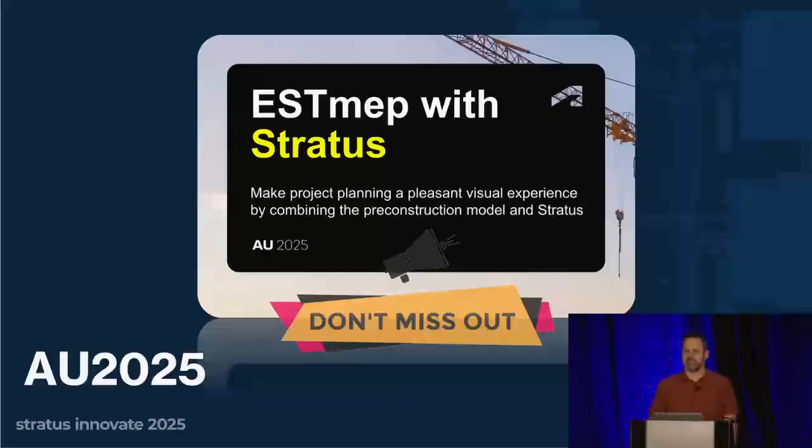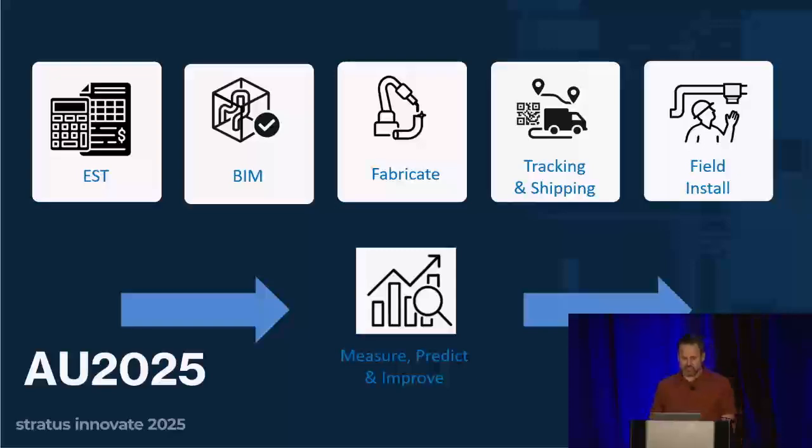So again, seeding some more ideas out there in terms of more opportunities that we may not have leveraged yet. So if you're going to AU, make sure to get in on that. To modify his slide a little bit, adding EST at the beginning of that flow and how that data set is going to play into our project success.